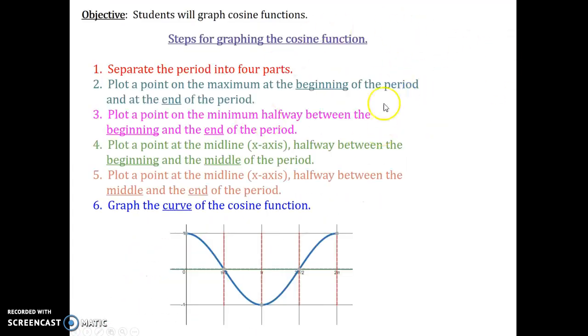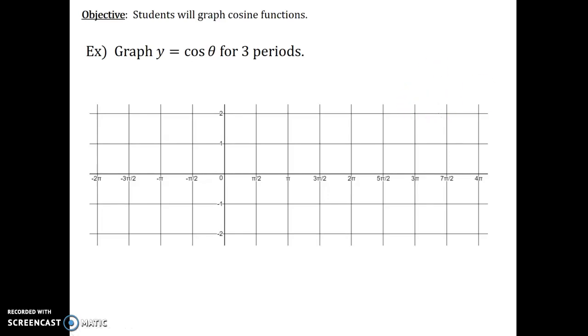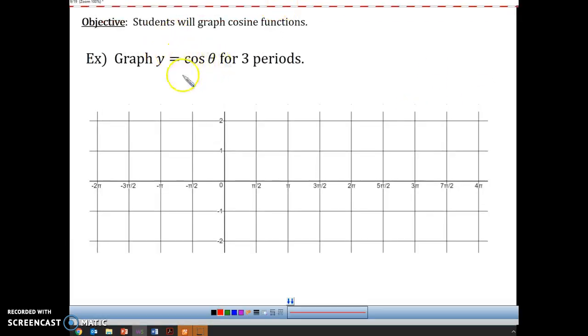Here are our steps, and the steps are exactly the same as the sine function, except when we plot our first point, it will be at the maximum, or if we have a negative amplitude, it'll be at the minimum. Let's look at some examples. Here we're asked to graph y equals cosine of theta for 3 periods.